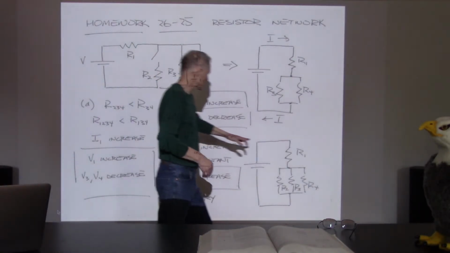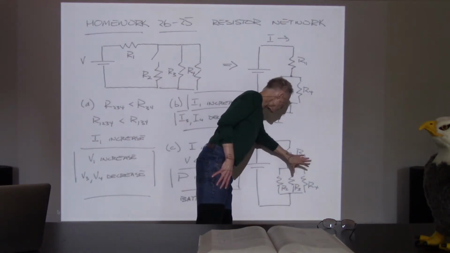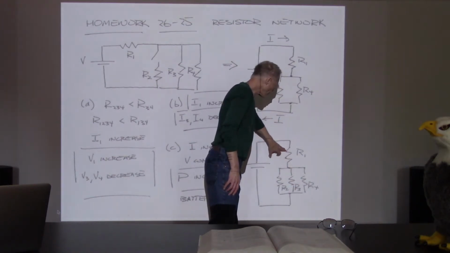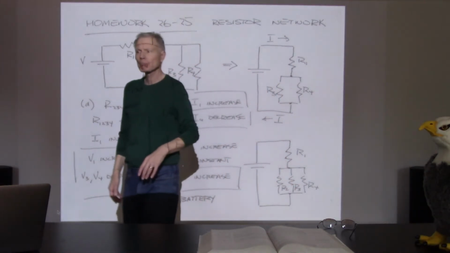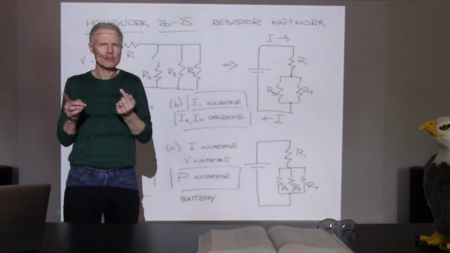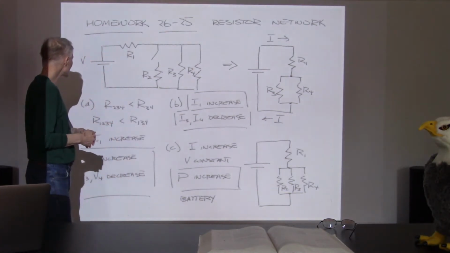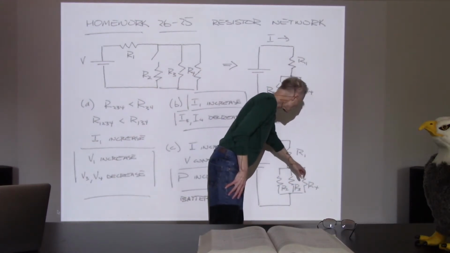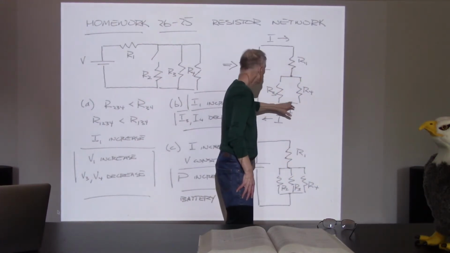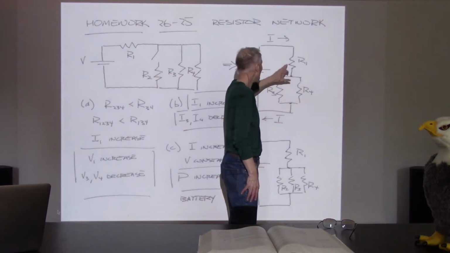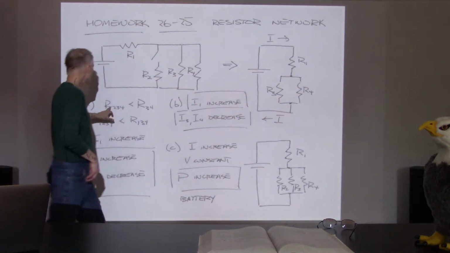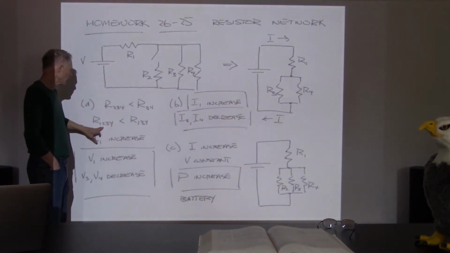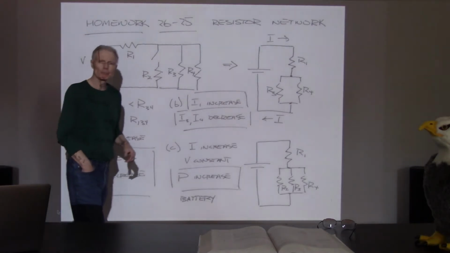Now, if this section has lower overall resistance, then I can combine that with R1 and say those are in series, and the resistance would come from taking R2, 3, 4 and adding on R1. Here I'd be taking R3, 4 and adding on R1. Well, if R2, 3, 4 is less than R3, 4, then R1, 2, 3, 4 is less than R1, 3, 4.